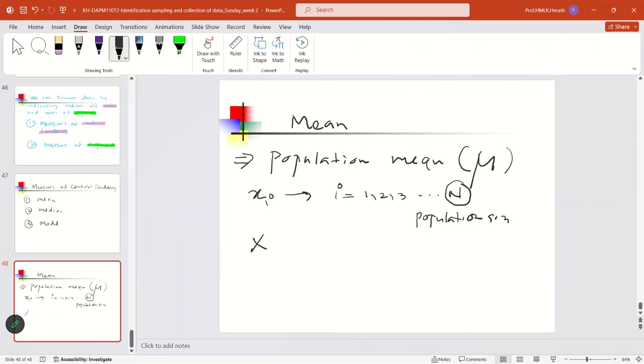X can take values x1, x2, x3 up to xN. So this is the total population.